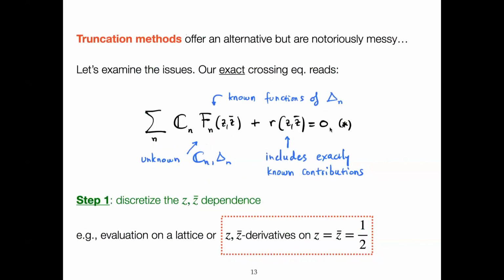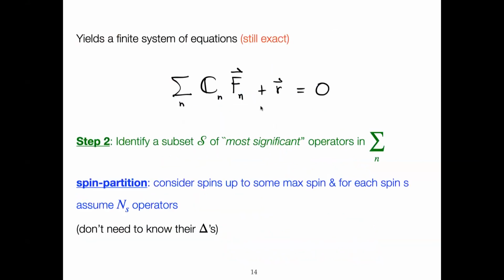So, okay, this is my equation. Now I evaluate on a lattice or take derivatives, and that gives me the possibility to select some equations out of the infinite set that I have. And I write the equations in a vector form. It's still an exact system of equations, so I haven't made any assumption, any approximation so far. I just picked a subset of the full available equations.